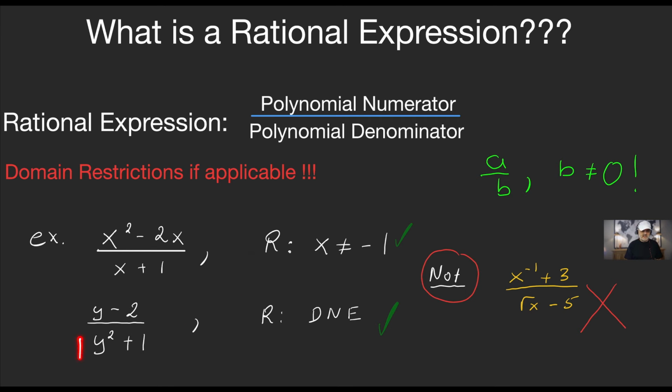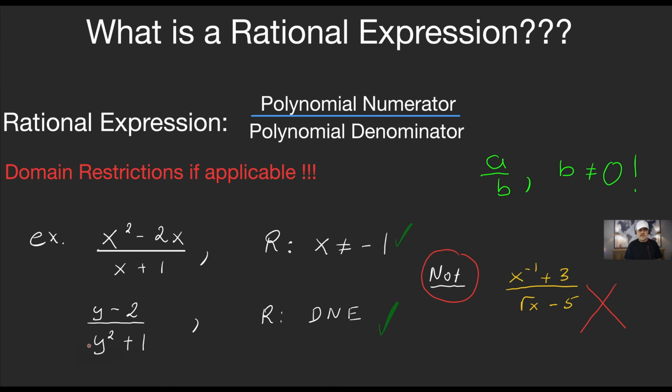And the second example, where you have a numerator y minus 2, a polynomial, which is a binomial technically speaking, and y squared plus 1. In this example, there are no restrictions, because there is no real number y that you would square and add 1 to to make it equal to 0. Right? It's impossible.